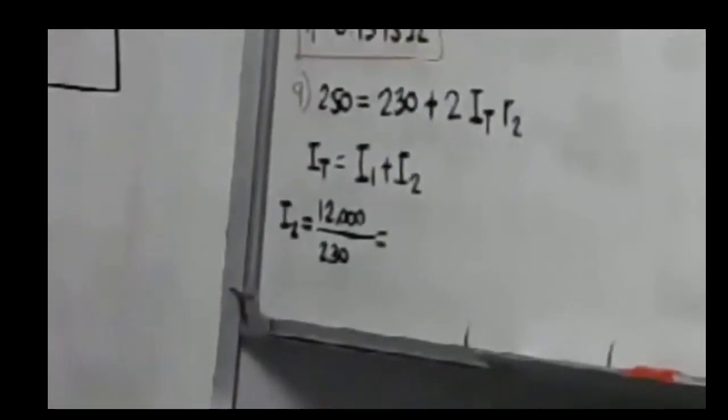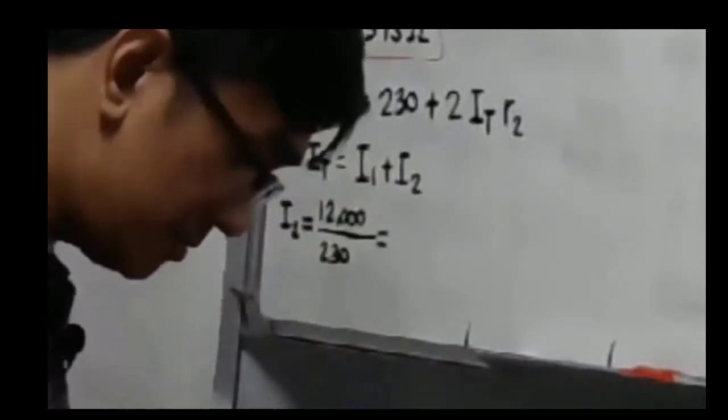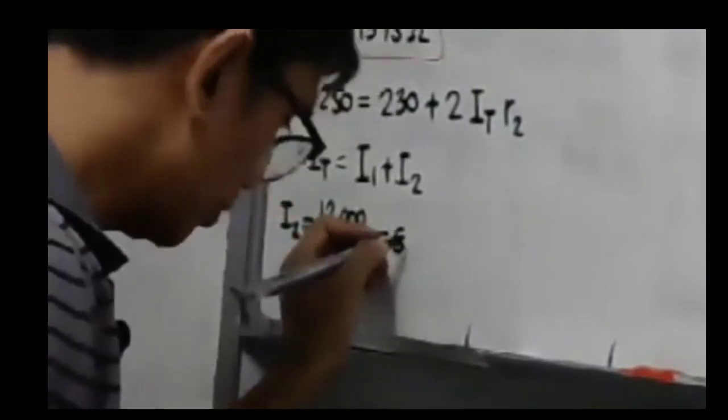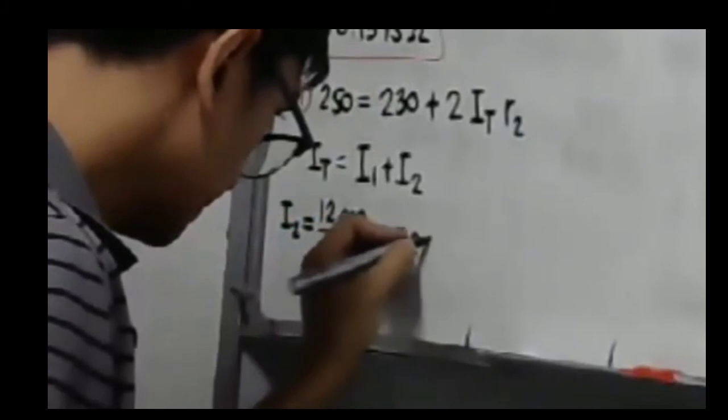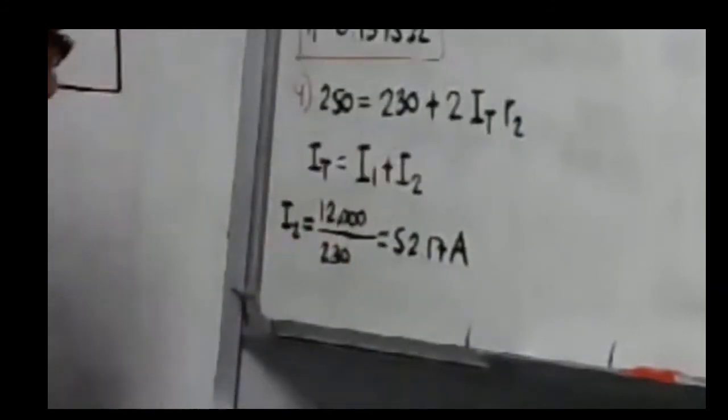So 12,000 divided by 230 is equal to 52.17 amps. Okay.